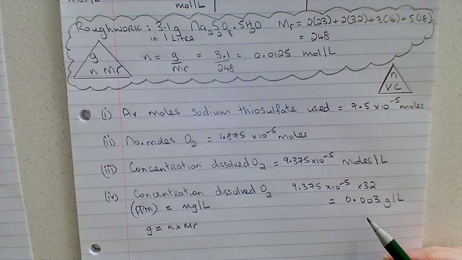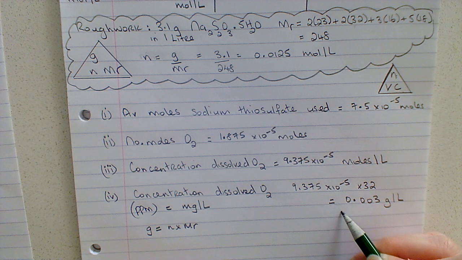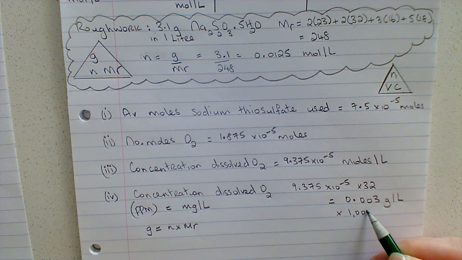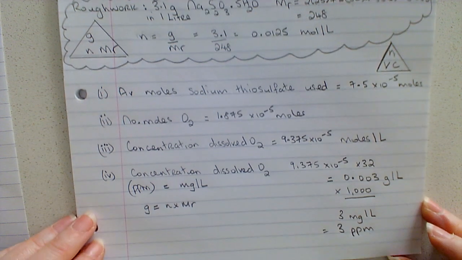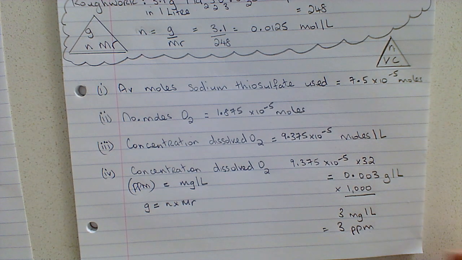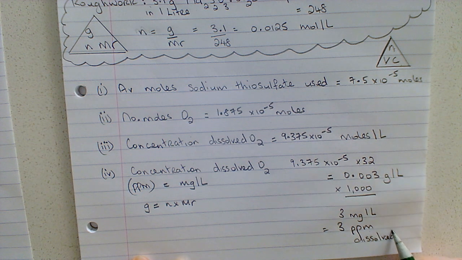I now want to convert that concentration into milligrams per litre, so I multiply by 1,000 because there are 1,000 milligrams in 1 gram. So I end up with 3 milligrams per litre, and a milligram per litre is the same as a ppm. So this is 3 ppm. Final answer, which indeed is lower than the 5 ppm of dissolved oxygen that the fish need to survive.